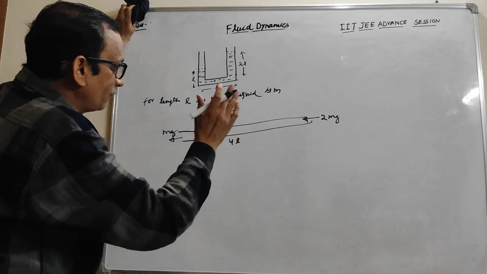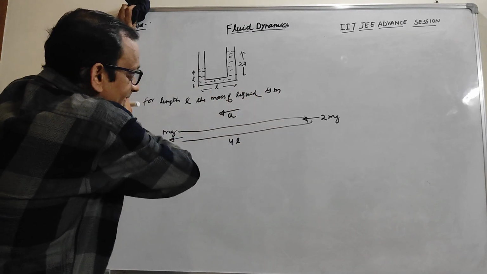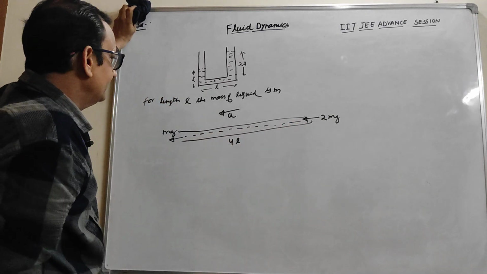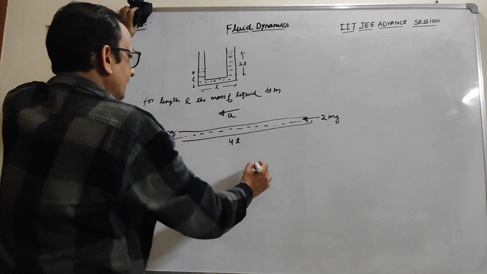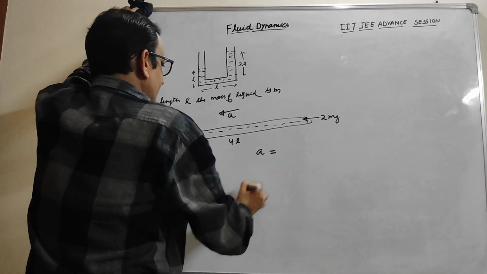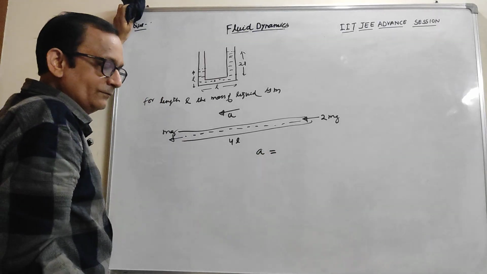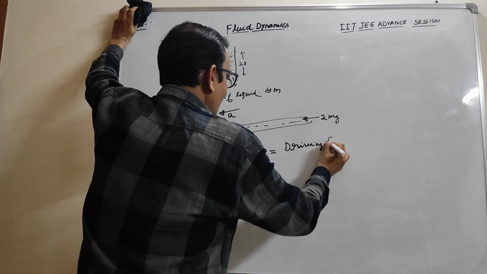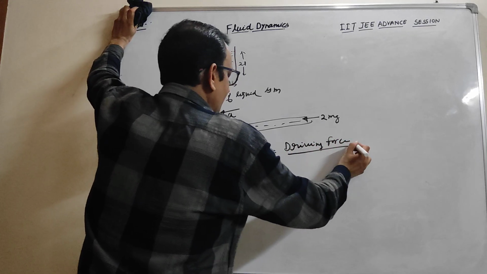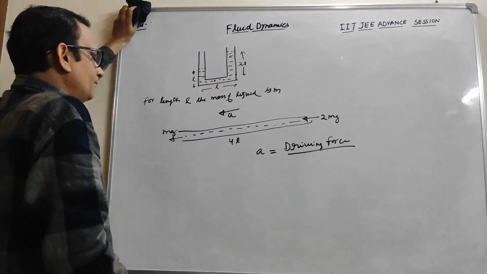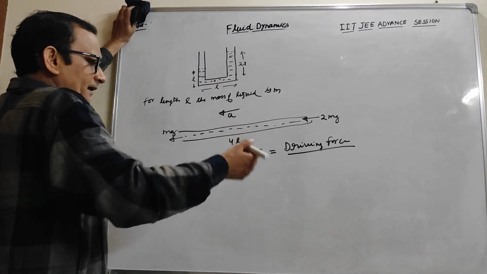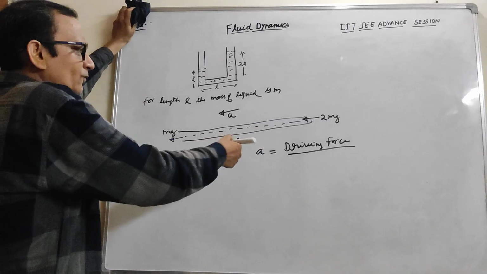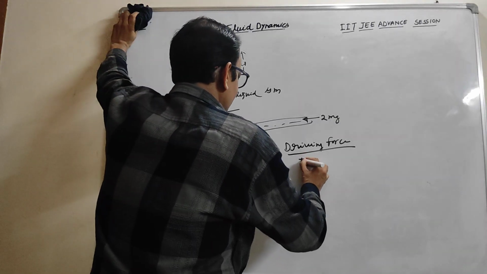Fluid accelerates from high pressure to low pressure, so accelerates in this direction. This is the direction of the fluid acceleration. So acceleration would be driving force upon mass. We study in NLM, Newton's laws of motion. Apply the equations: driving force upon total mass.